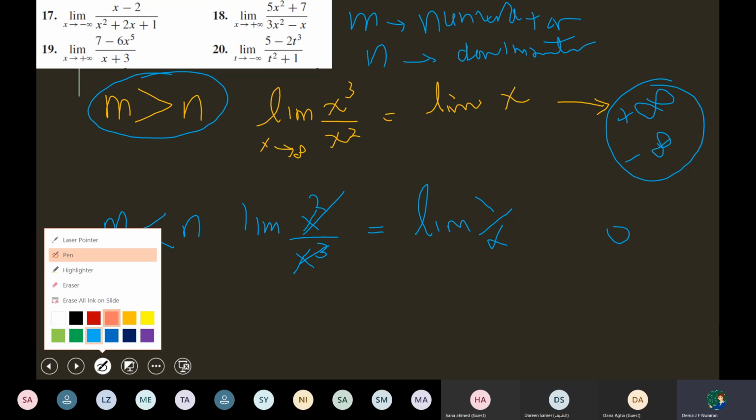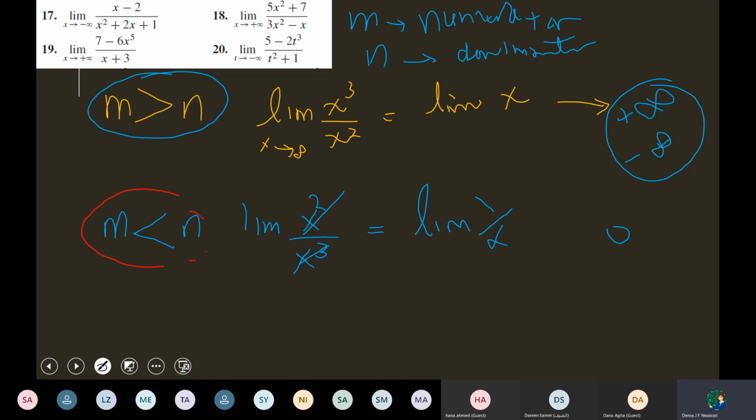So every time, if m, the power of the numerator, is less than n, the power of the denominator, the answer will be 0. But if m is greater than n, the answer could be positive or negative infinity.